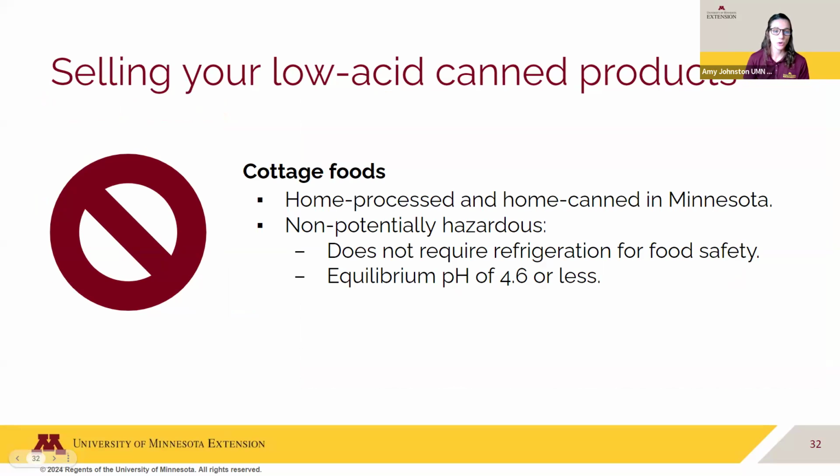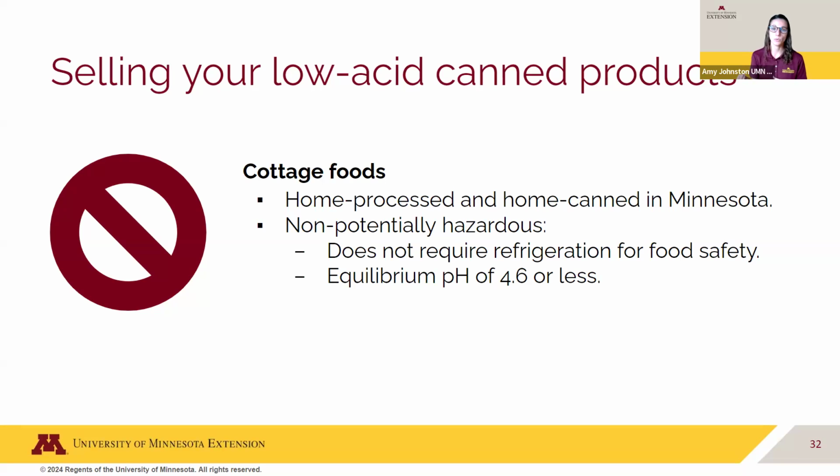Selling your low acid canned products: low acid canned foods cannot be sold as a cottage food product. Cottage food products are home processed and home canned in Minnesota, and for a canned food like this, they must have an equilibrium pH of 4.6 or less.